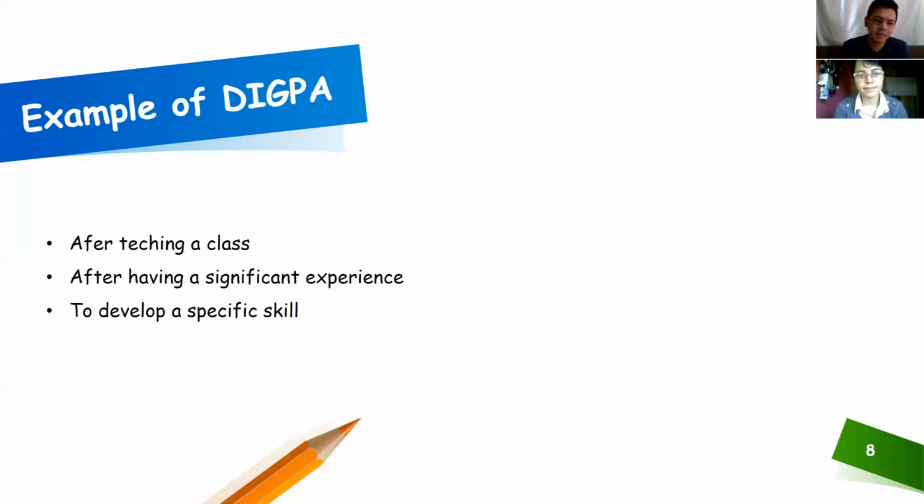So we can do it after driving a bicycle and having an accident, or after practicing any other skill that we want to develop, and we want to do it more effectively and fast, we can do DIGPA, right? Yeah, absolutely.